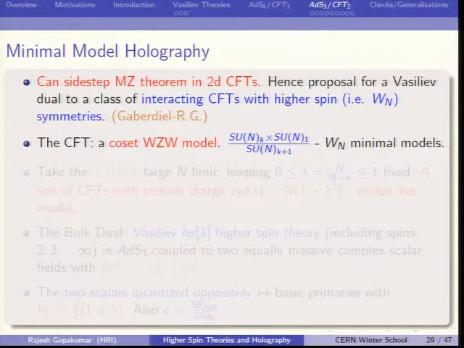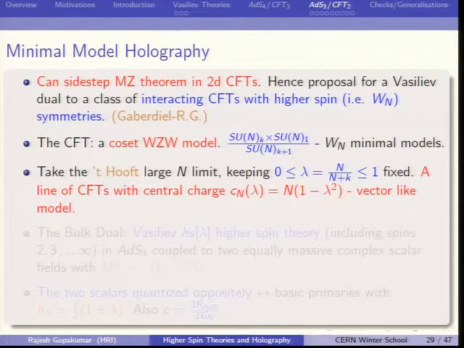So the CFT we will consider is a coset Wess-Zumino-Witten model. I will explain this coset in a moment. These are what are called the W_N minimal models. But what we will be taking is an unusual limit, at least in the sense that no one has really looked at it.